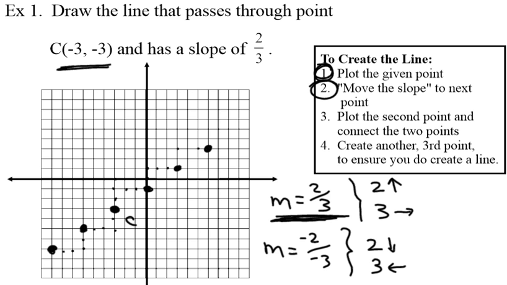And I can now connect those points to create my line. Given one point C, I can draw that line simply by moving the slope. As many points as I want to put. The more I put, the more precise I am.